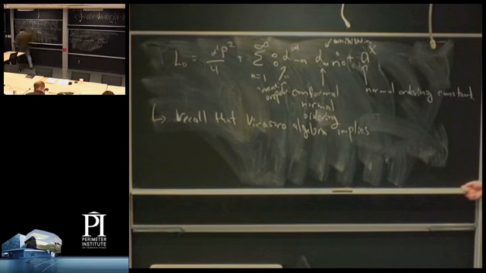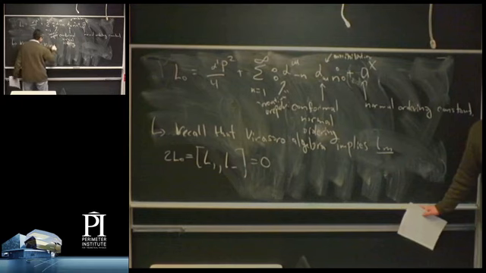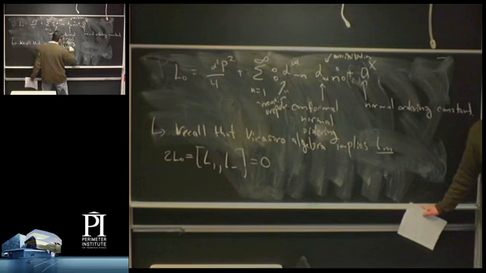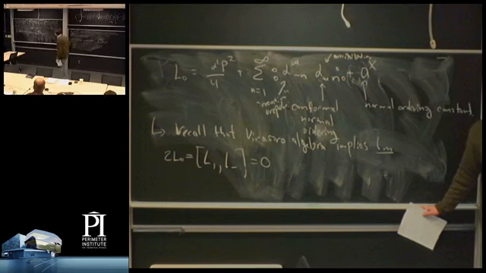The reason is, recall that the Virasoro algebra implies very specific commutation relations for the generators L sub m. And in fact, we derived the Virasoro algebra.